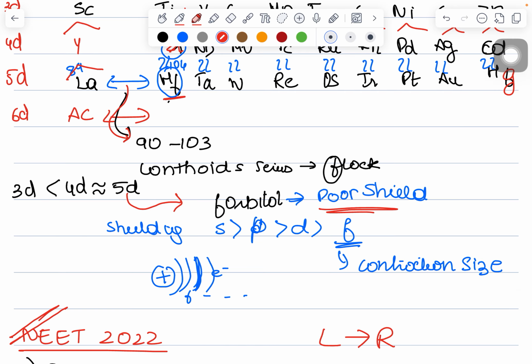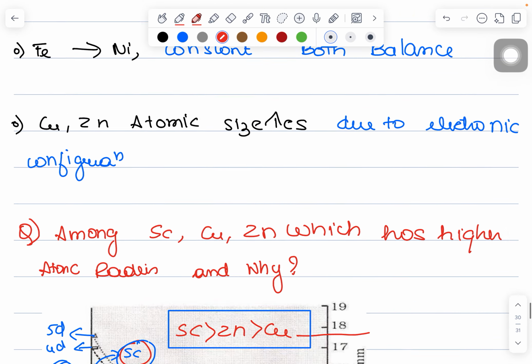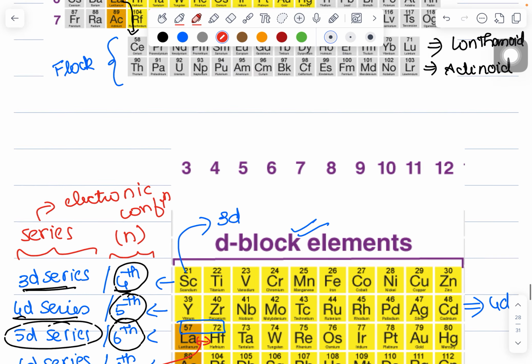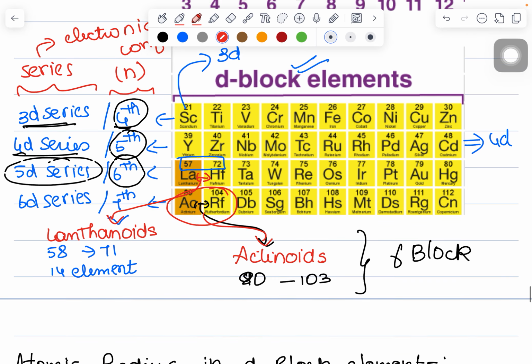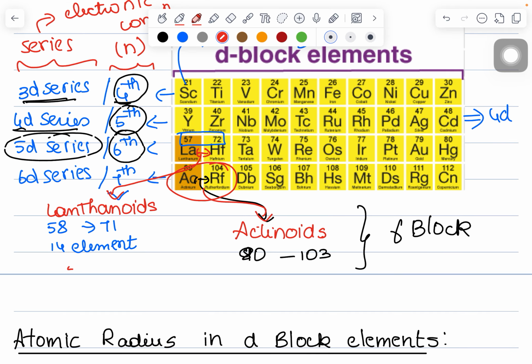Do you remember I had shown this initially, the actinoids. In lanthanide we have 4f orbital filling, whereas in actinoid we have 5f orbital filling.